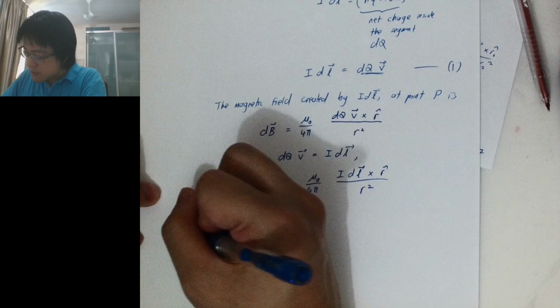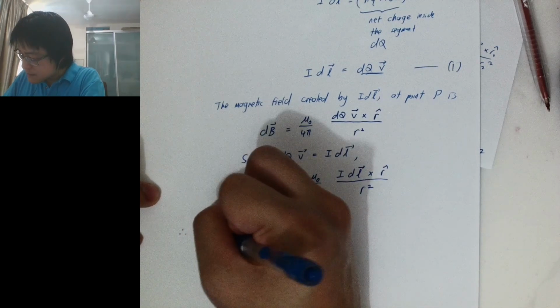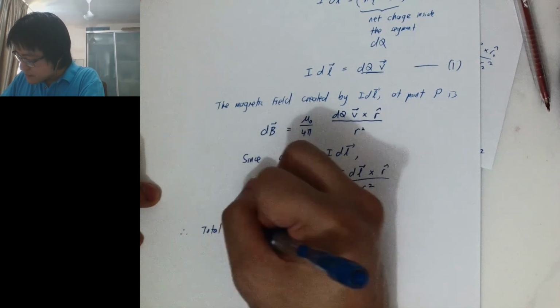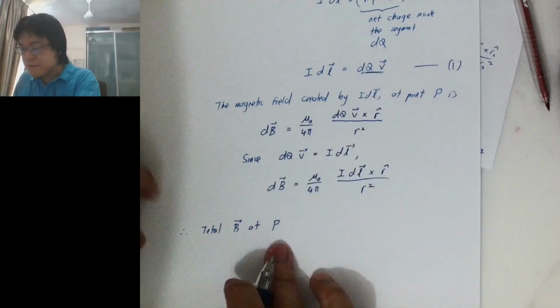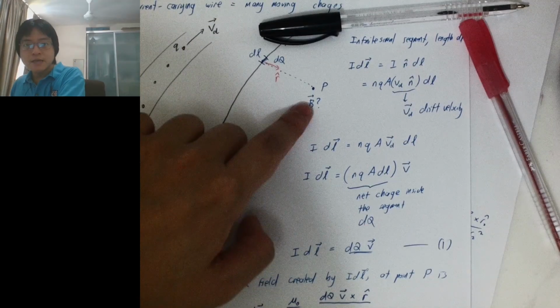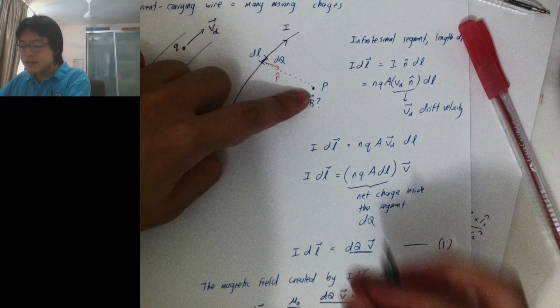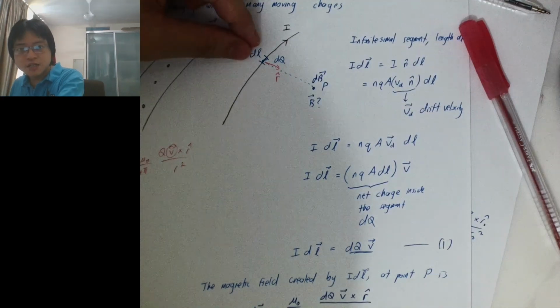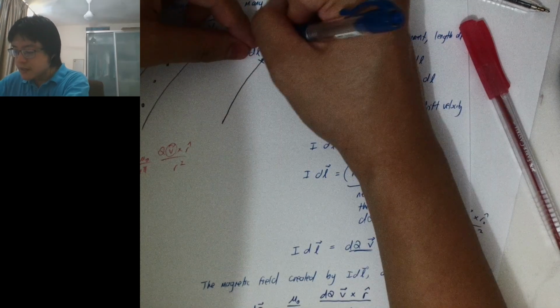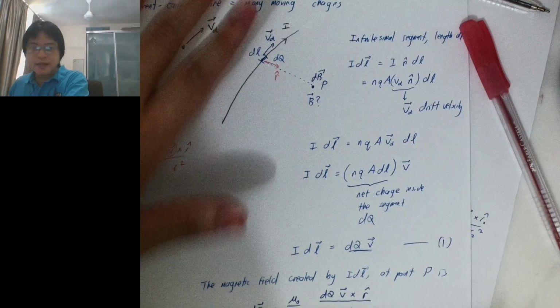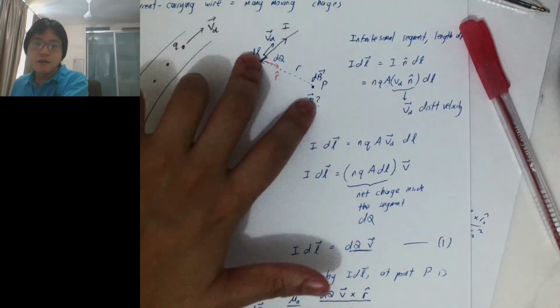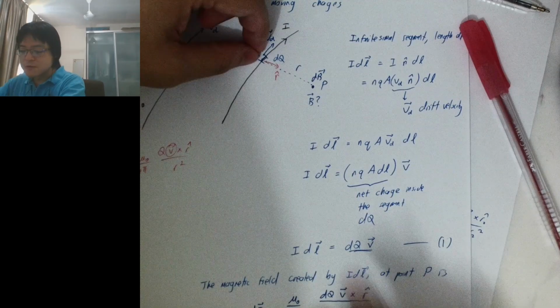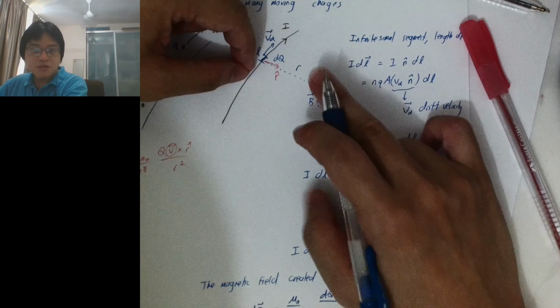So therefore my total magnetic field at P, since we're just focusing on a specific point P. This segment will create dB, because I know the charge here, I know the drift velocity at this point, and I know the distance is R. So this one segment will contribute dB, and other segments will contribute all the other dB.